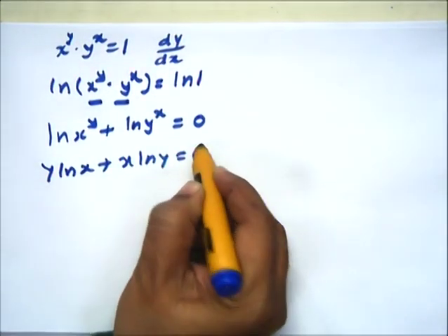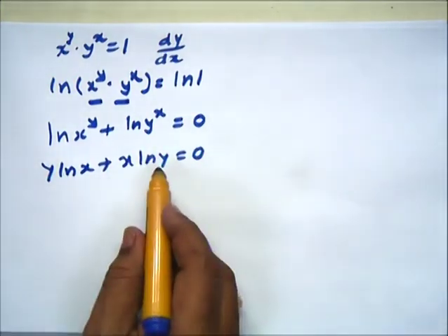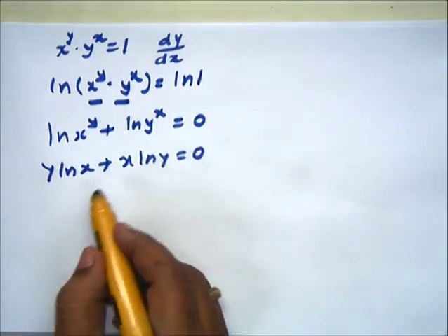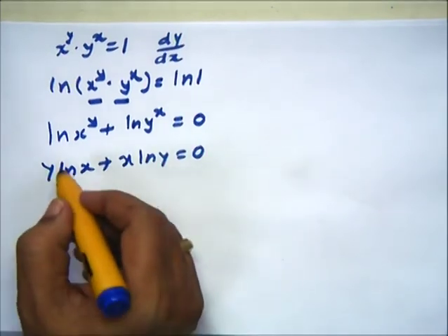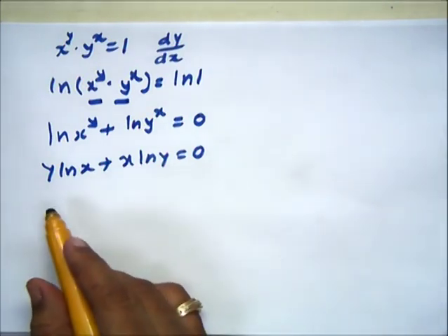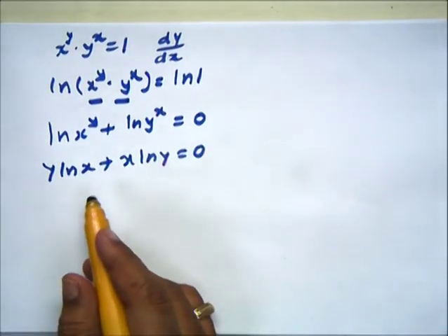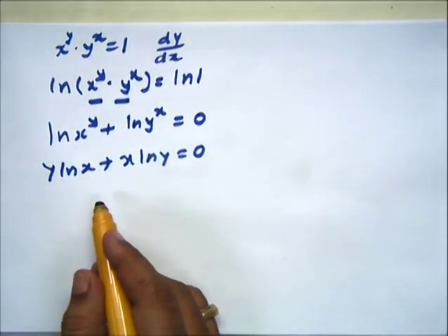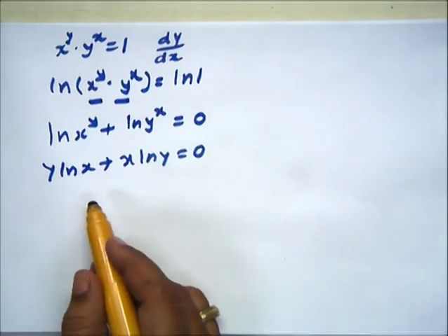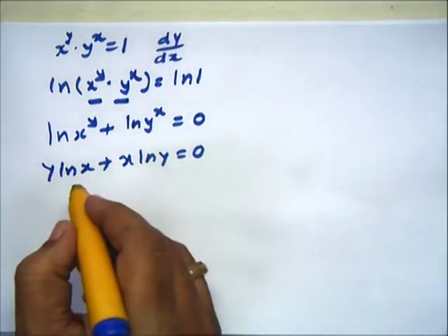is equal to 0. Now actually this is an implicit function. We can directly differentiate this equation and then collect all the terms which include dy by dx. As we have seen, for an implicit function we differentiate the equation directly with respect to x, and in the process we differentiate the function of y with respect to y first and then with respect to x, that is dy by dx, and after that we solve for dy by dx to get the derivative. The same thing applies here.